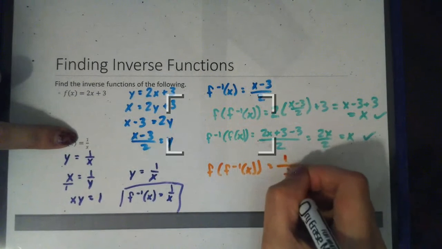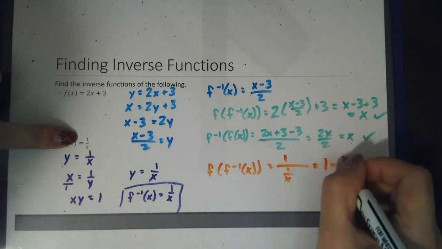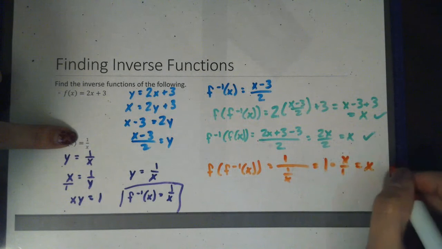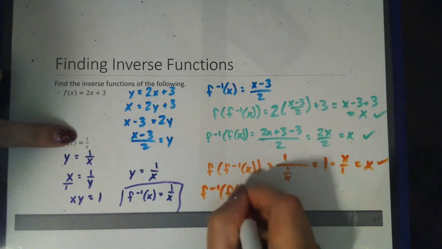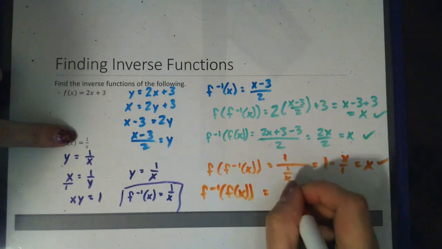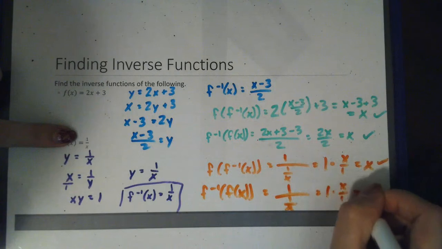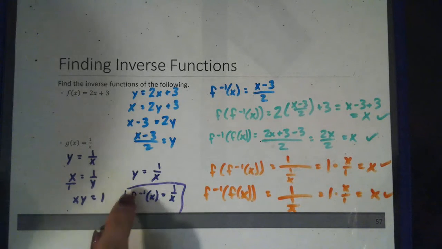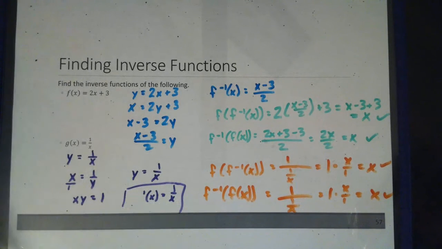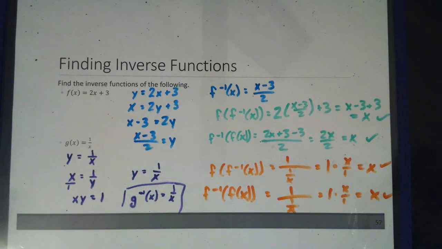So 1 over x. If I keep, change, flip, that gets me x. If I do f inverse of f of x, then I'll get the exact same thing because they're the exact same function. So in that case, the function g of x is its own inverse, and that should be a g inverse. My mistake. Stay consistent with your lettering.